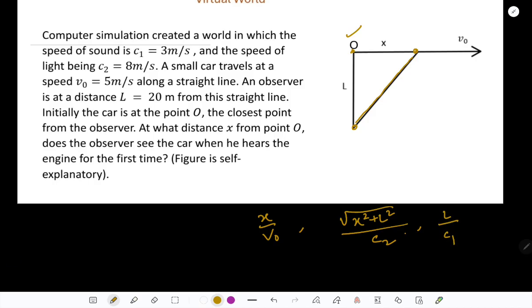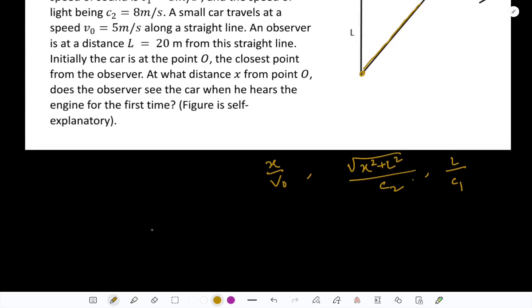It means L by c1 should be equal to x by v0, the car should reach there, plus the light should reach the observer's eyes, so x square plus L square by c2. So this equation is found.